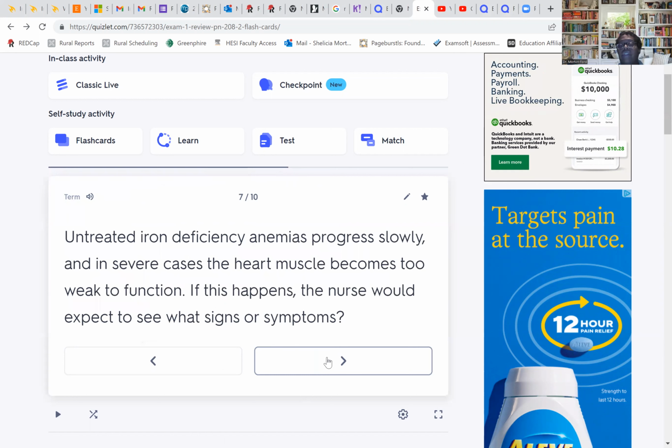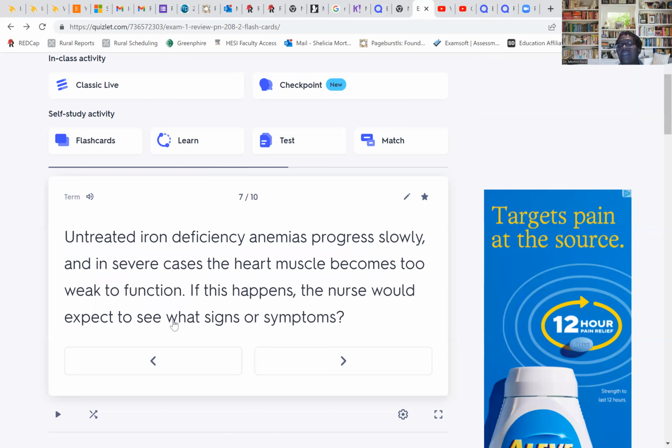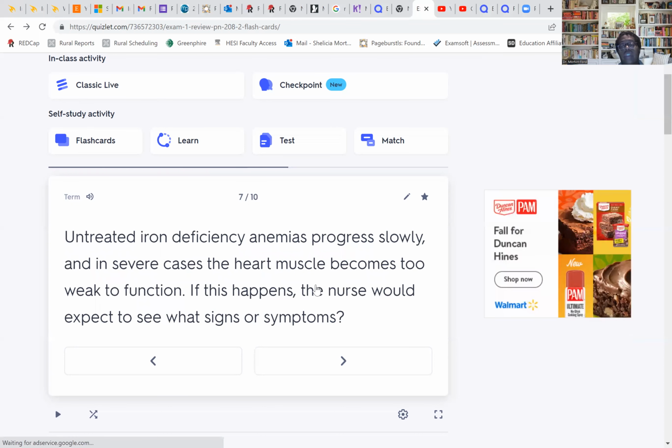Untreated iron deficiency anemias progress slowly, and in severe cases, the heart muscle becomes too weak to function. If this happens, the nurse would expect to see what signs and symptoms? So we have a person that has untreated iron deficiency anemia, and the heart is that muscle.